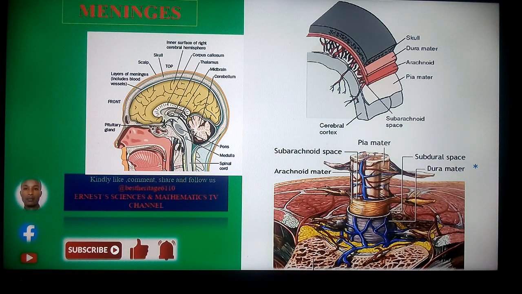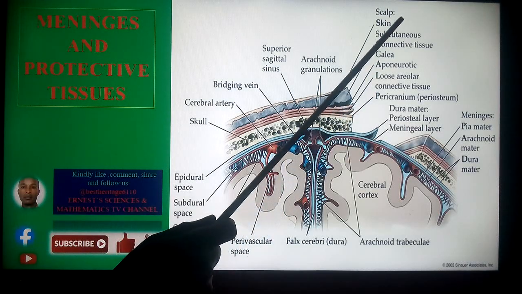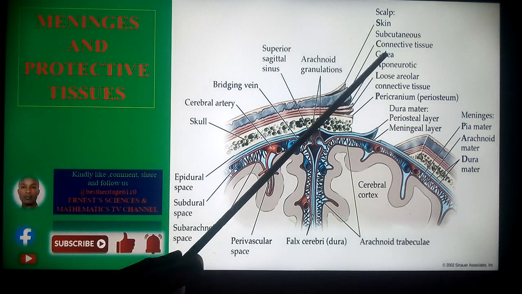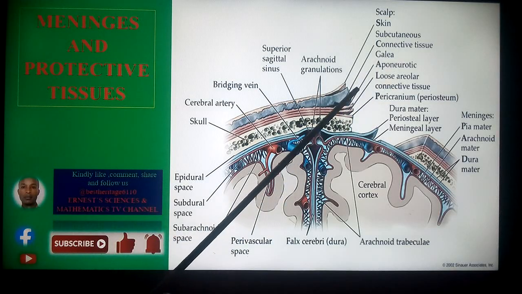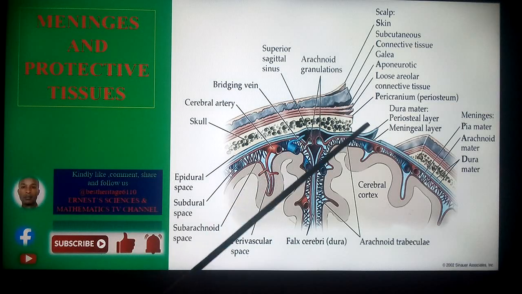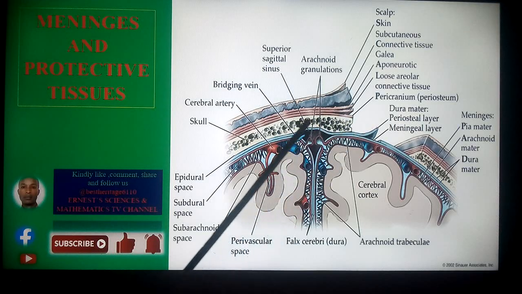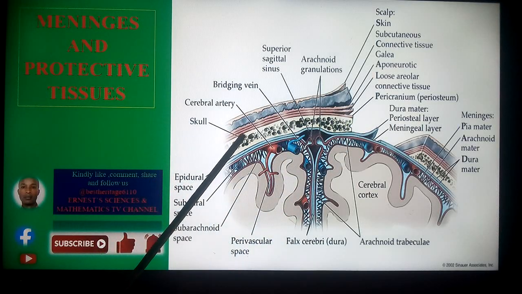Now, in our next illustration, we're going to look at a cross-section of the meninges. As we said from our previous statement, the top layer consists of the scalp, which is the skin and some of the layers that follow. These are the uppermost part covering the skull. Then we have this layer with bubble-like structures, which consists of the skull.